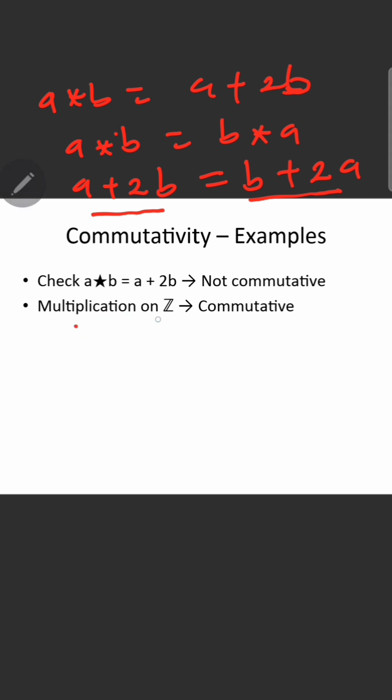So multiplication on integers, they are commutative. What this is telling you is that if you pick any two integers and you multiply them together, you will still get an integer back. Let's say A operation B is A times B. So just think of any integers. Let me take minus 2 operation 13.